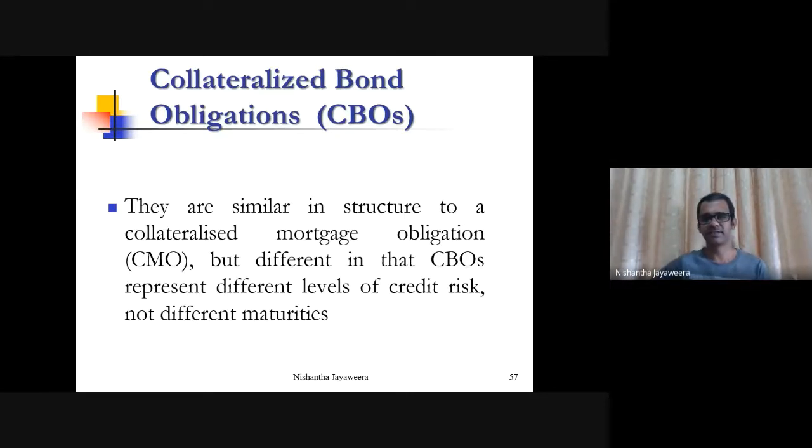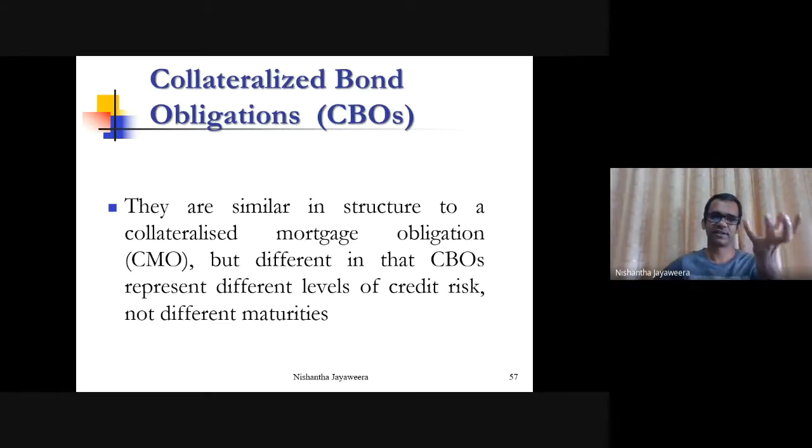Say if it is a collection of loan portfolio for individuals, you cannot get a high credit rating on the issue. So to get a better credit rating, they structure the product in that manner. Say whatever the first 80% of the cash flow goes to the senior tranche and things like that.